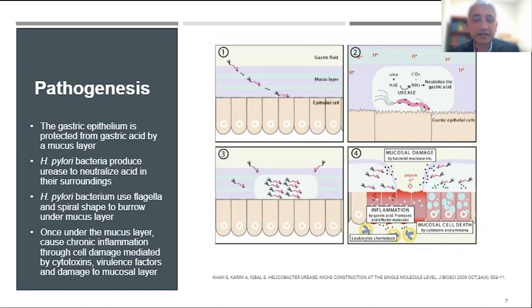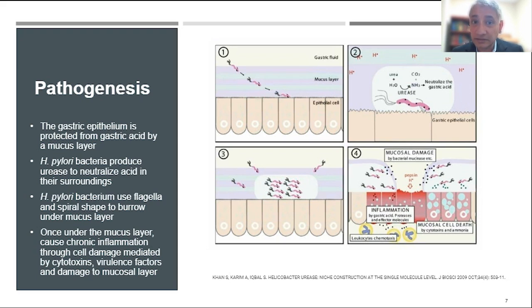This is a schematic that provides a basic overview of the pathogenesis of H. pylori. Normally, epithelial cells of the stomach, which are the cells that line the stomach, are protected from stomach acid by a mucus layer. H. pylori bacteria have various adaptations that allow them to burrow into the mucus layer and get right up next to the epithelial cells.